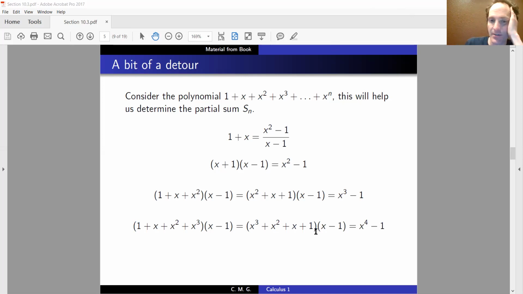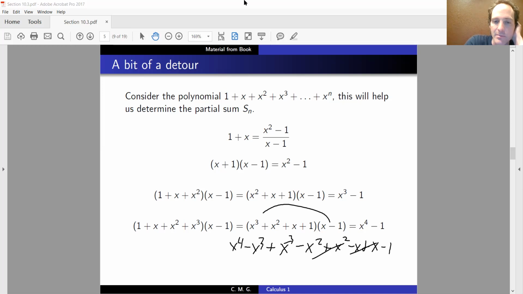This also happens for x to the 4th, the sum 1 plus x plus x squared plus x cubed times x minus 1. Again, I can multiply this through. I get x to the 4th minus x to the 3rd plus x to the 3rd minus x squared plus x squared minus x plus x minus 1. All of the middle terms come in pairs, and I'm left with x to the 4th minus 1.